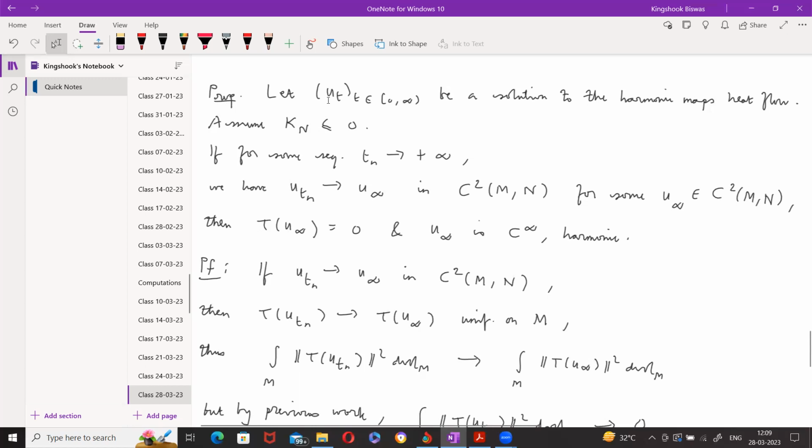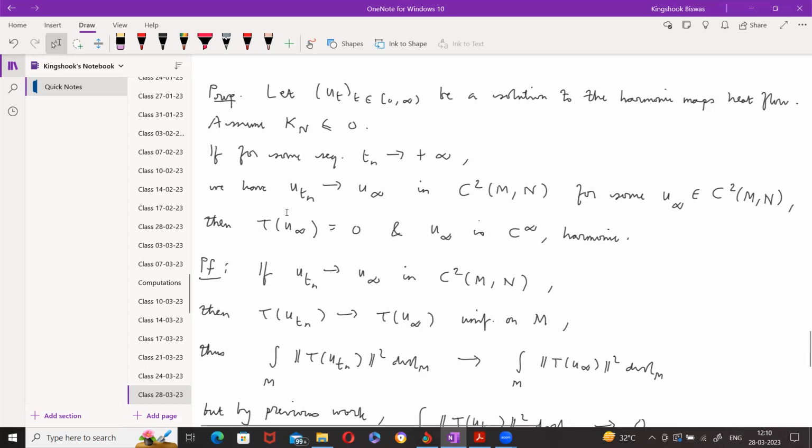And so what happens is if u_t is uniformly close to u_infinity, within a small epsilon, then one can show that for two maps between closed Riemannian manifolds, if epsilon is small enough, depending on the injectivity radius of the target manifold N, smaller than the injectivity radius, then these two maps will be homotopic.